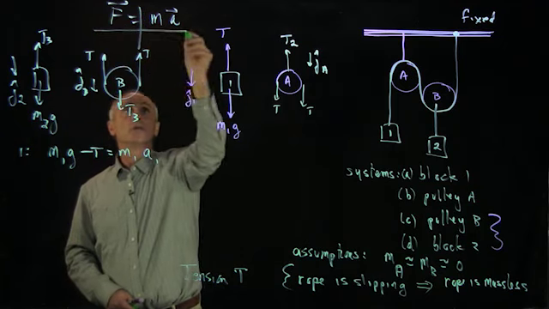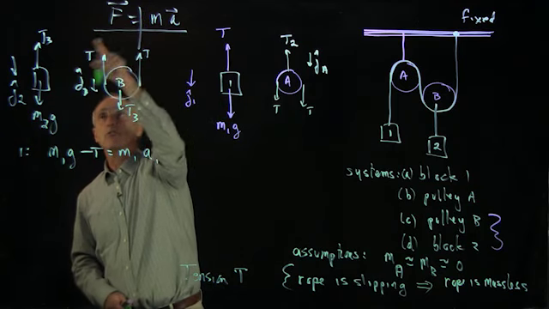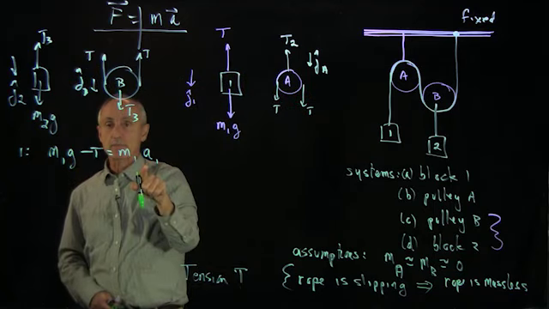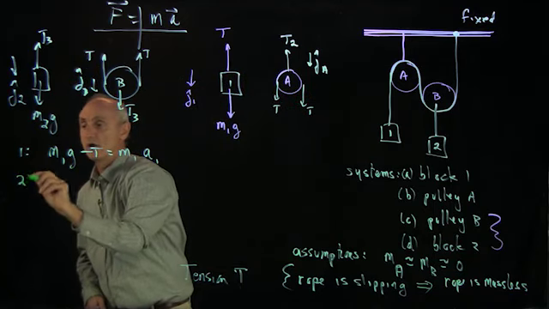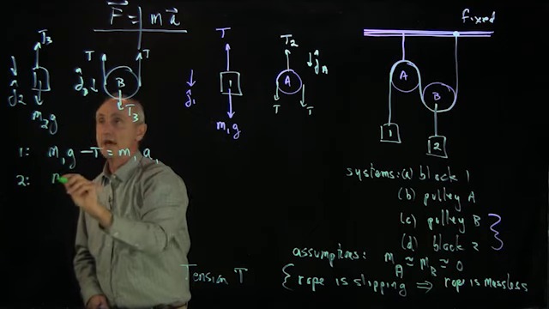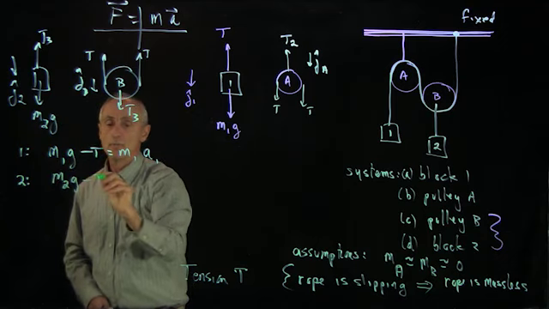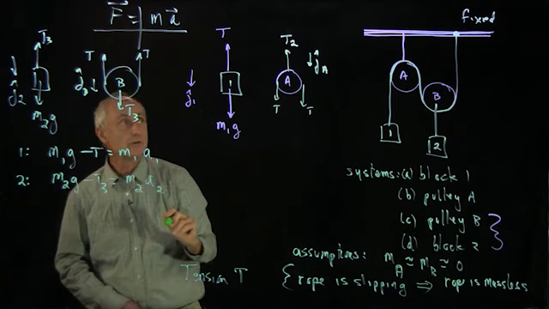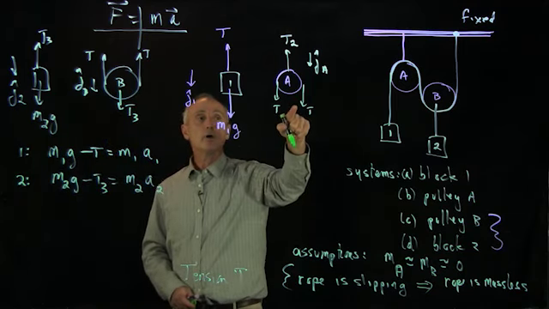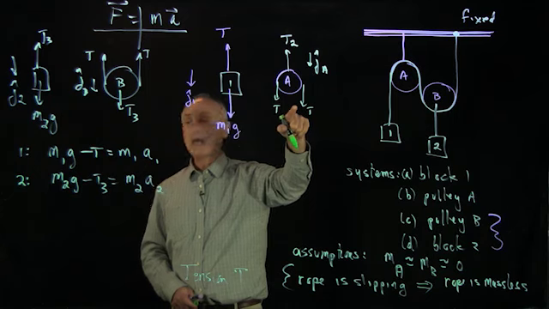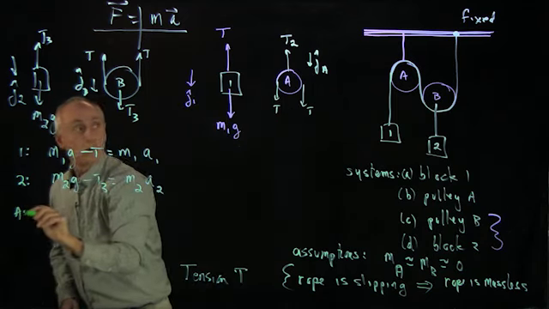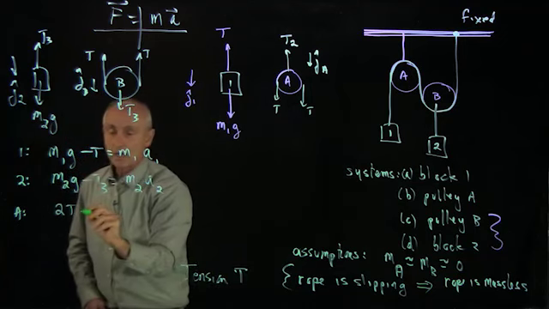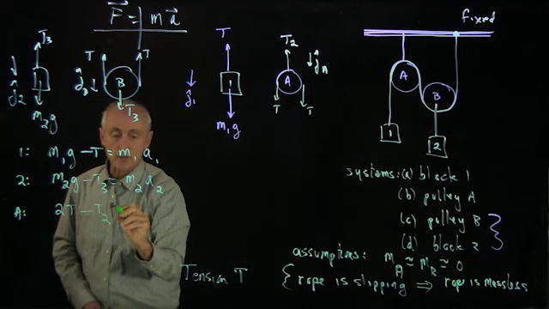Sometimes we'll distinguish that the forces we're getting from our free body diagrams, and A is a mathematical description of the motion. For block 2, we have m2g minus T3 is equal to m2a2. And now for pulley A, we have 2T pointing downwards, minus T2 going upwards.